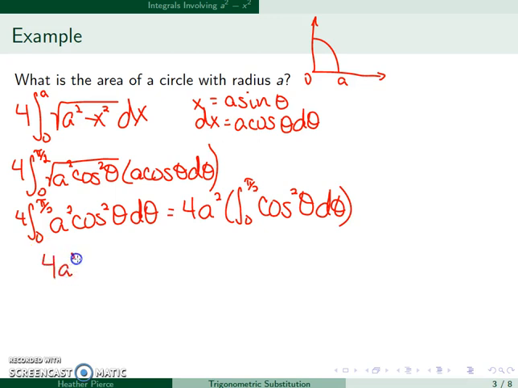So 4a squared times, and we can use the reduction formula for cosine here, and you can verify that what it should be is 1/2 times cosine theta sine theta plus theta, between 0 and pi over 2.